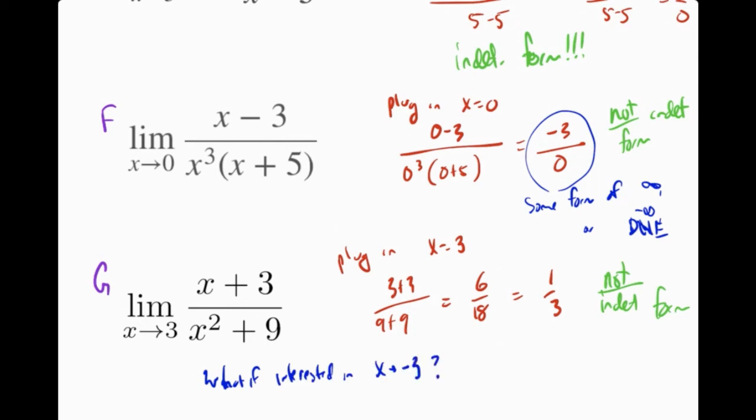Is that indeterminate form? Check out what it does to the numerator. At x equals minus 3, we'd have negative 3 plus 3. Okay, so we've got the 0 there, but in the denominator, I'd have negative 3 squared plus 9, which is 0 over 18. That's just plain old 0. So the answer is no.